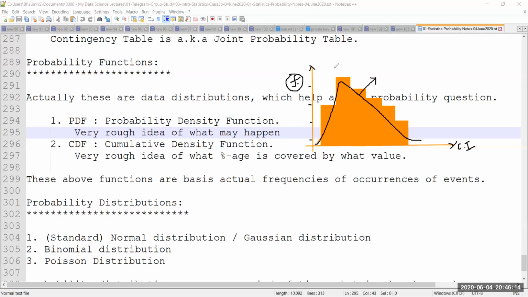Either way, it tries to take an approximation, because that is how these visualization tools display a probability density function or a cumulative density function. But please don't get confused. It is exactly the same thing as we have seen over here.